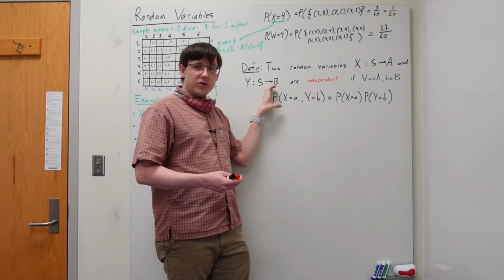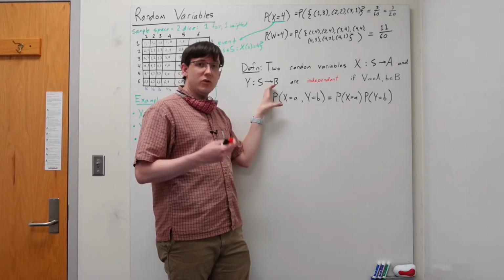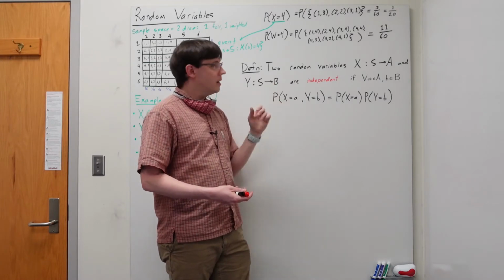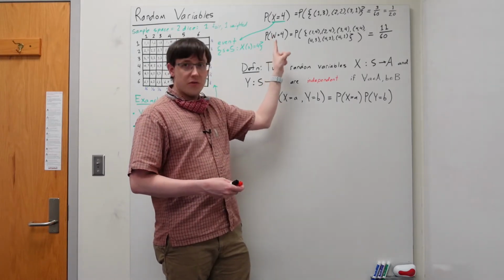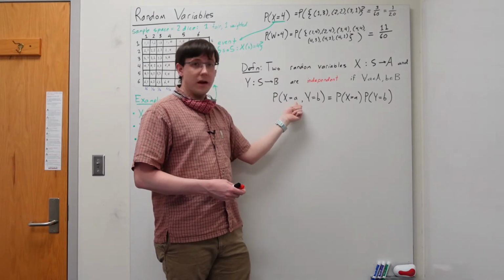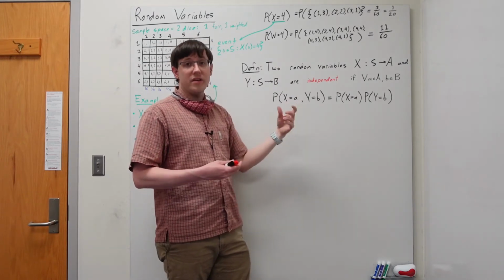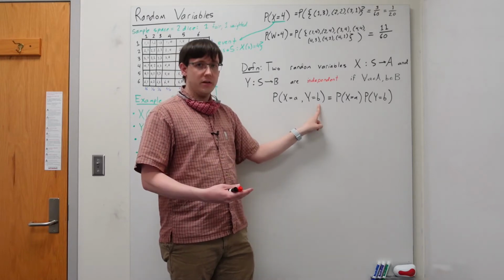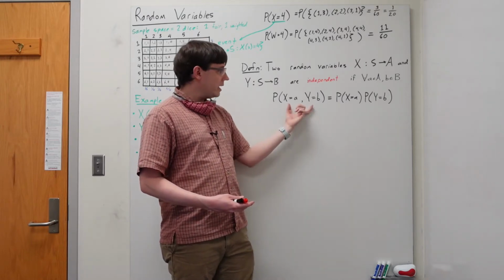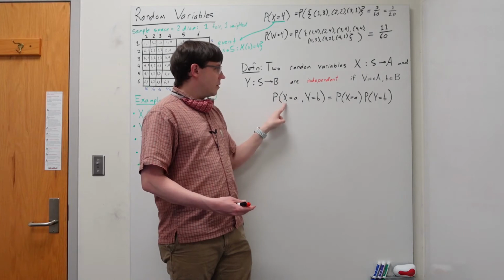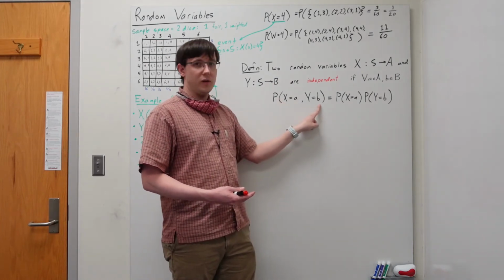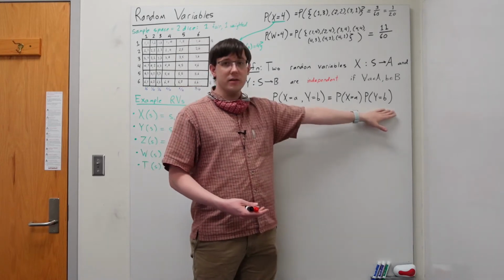So this expression corresponds exactly to the one from our definition of independent events. And, as we said before, X taking on a particular value is an event, and Y taking on a particular value is an event. And so we are saying here that the events X takes on value A and Y takes on value B are independent events.